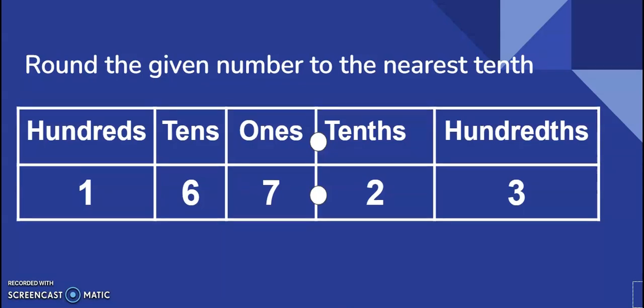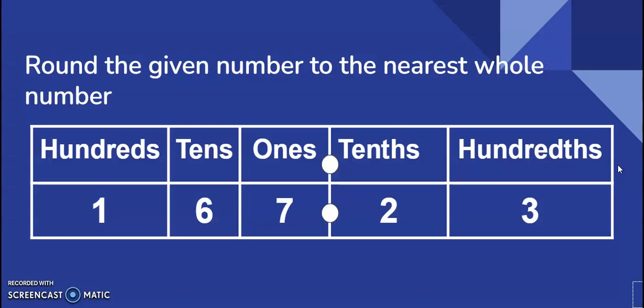First, let's begin with making an arrowhead to show our target digit, that is 2. As we look to the right, the digit is 3, so it will round down, it will stay the same. So my number would be 167.2.